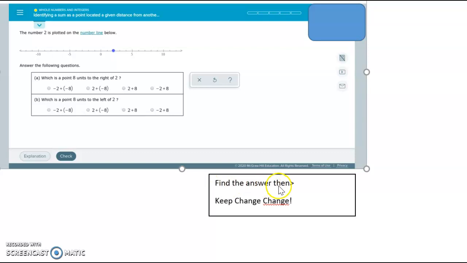So find the answer. You're going to find your answer, which was 10, and they're going to do keep, change, change if you cannot figure them out. But that's going to give you a final answer. They just want the step right after this to find your answer, not the last step, which would be 10. They just want whatever leads to that number, which was our number 10.